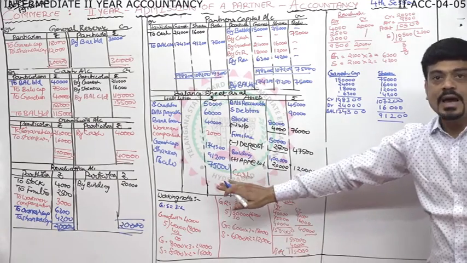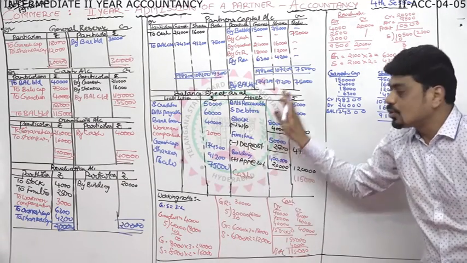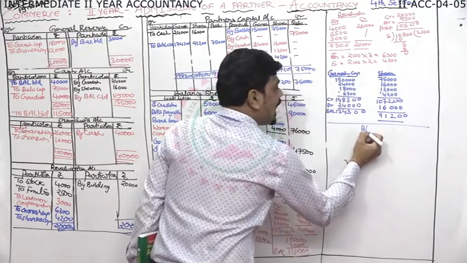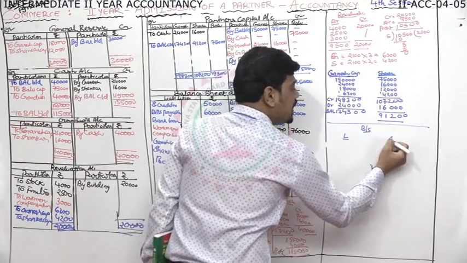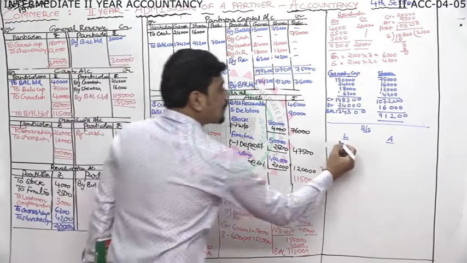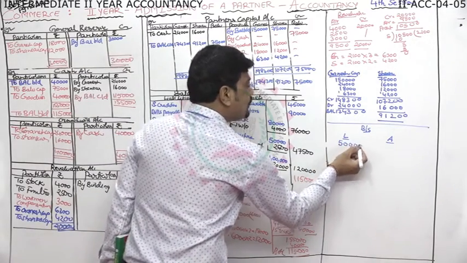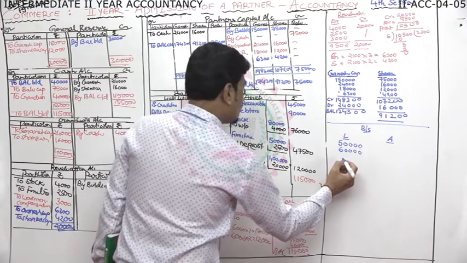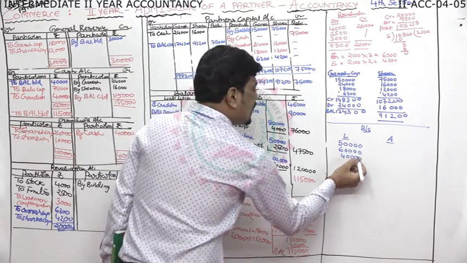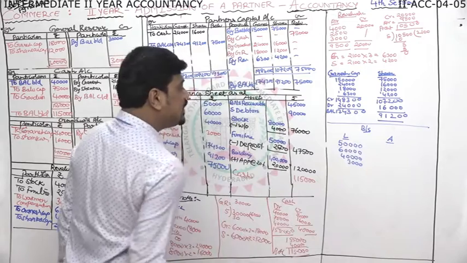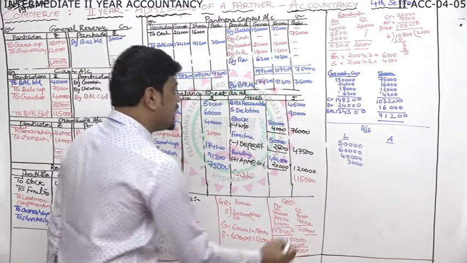Now the last part, balance sheet, assets total, liabilities total. That also you can do the working. Balance sheet, liability, asset. 100% it is going to tally here. So chalk out the figures. 50,000, 60,000, 40,000, then 3,000. Maintain the discipline of writing the decimals.